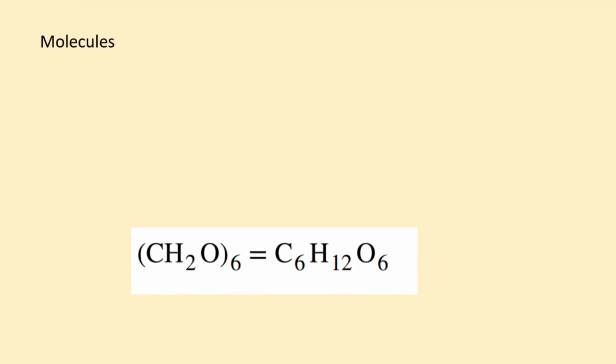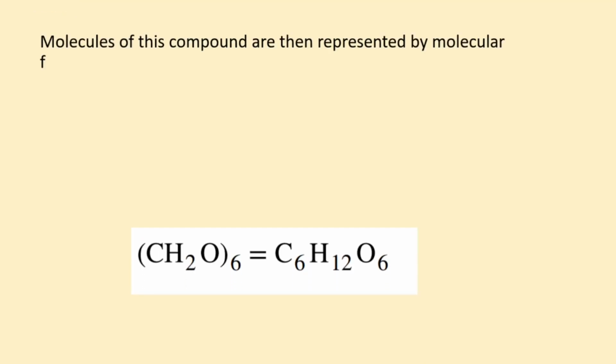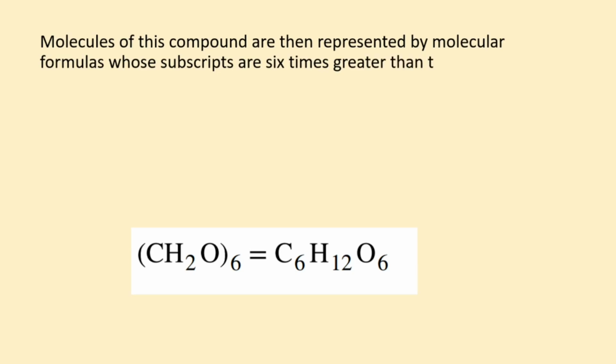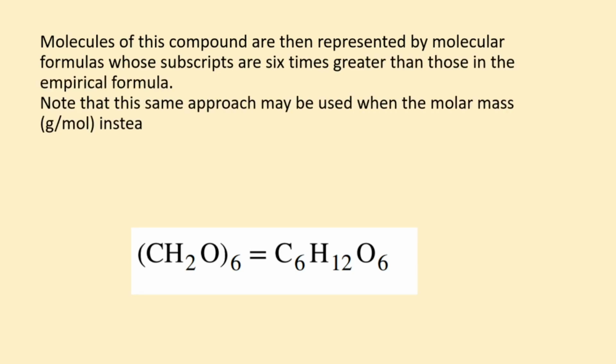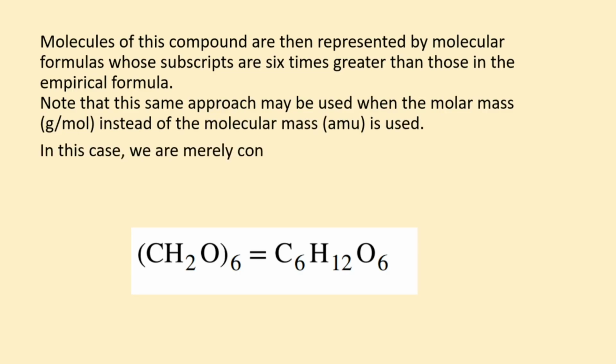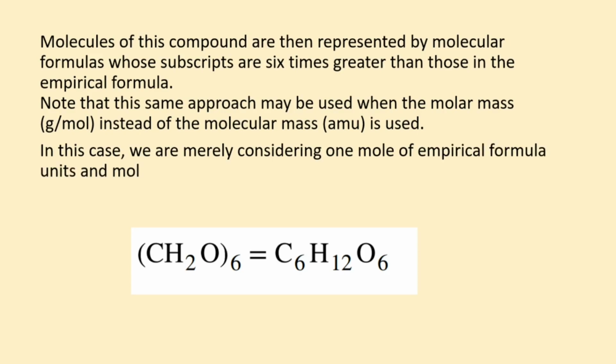Molecules of this compound are then represented by molecular formulas whose subscripts are 6 times greater than those in the empirical formula. Note that this same approach may be used when the molar mass, g/mol, instead of the molecular mass, amu, is used. In this case, we are merely considering 1 mole of empirical formula units and molecules, as opposed to single units and molecules.